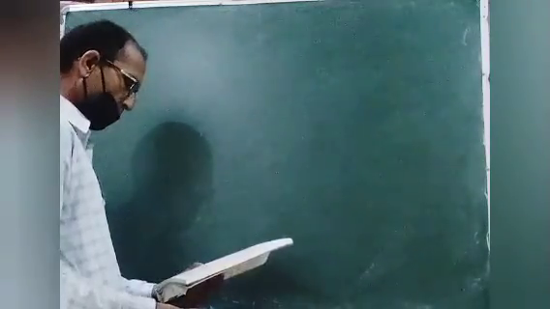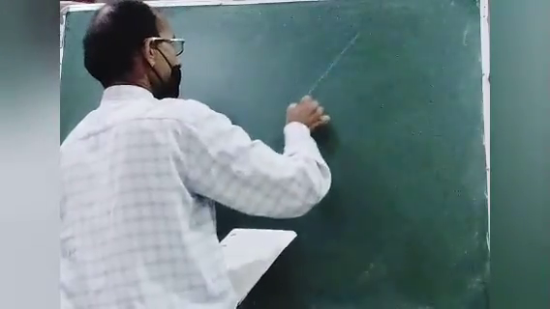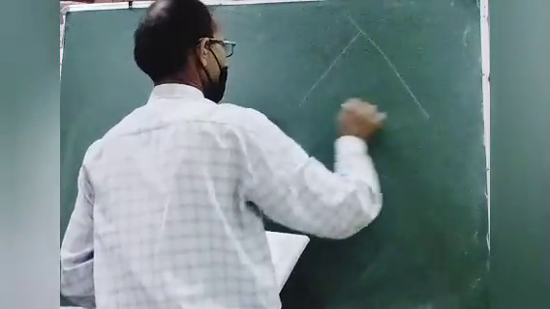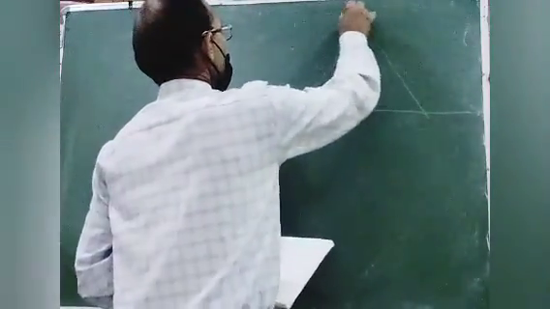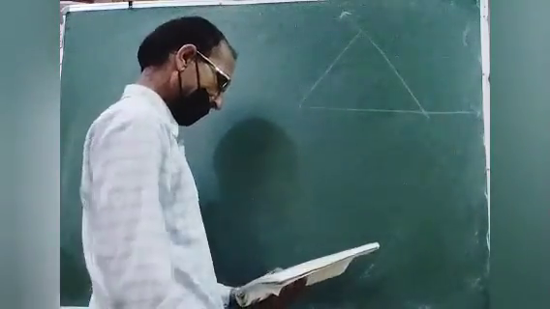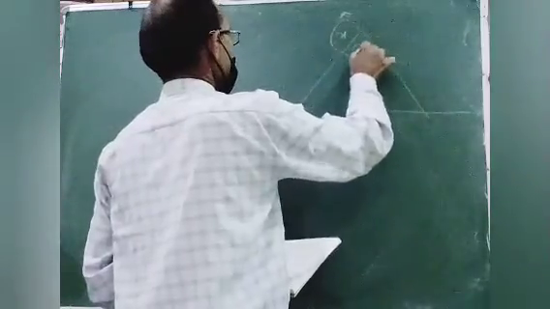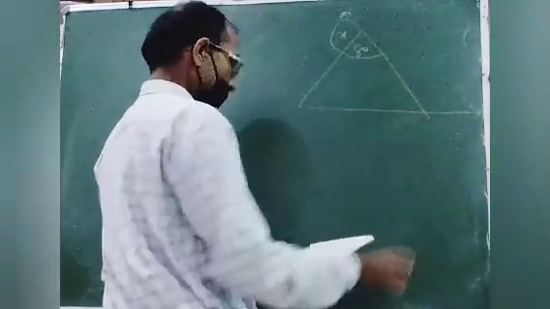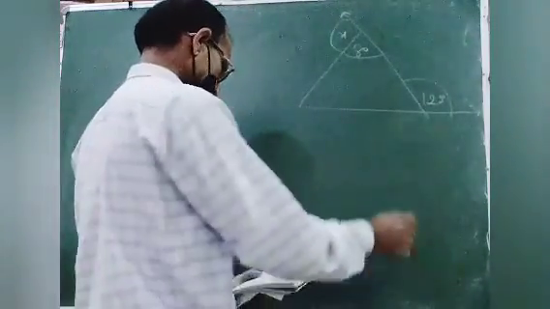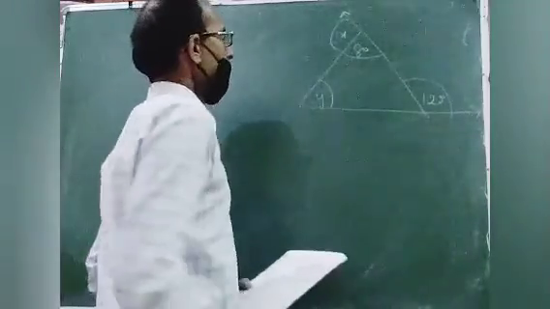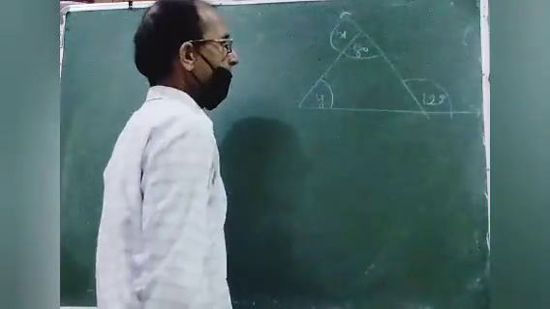So we have to find the values of x and y. What is the given figure? The figure is like this. This angle is x degrees, this is 80 degrees, this is 120 degrees, and this is y. So we have to find the measure of angle x and angle y.